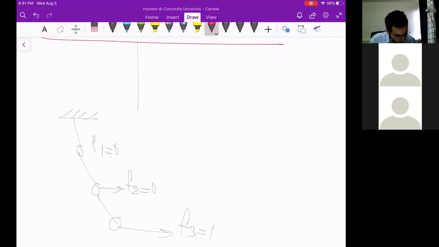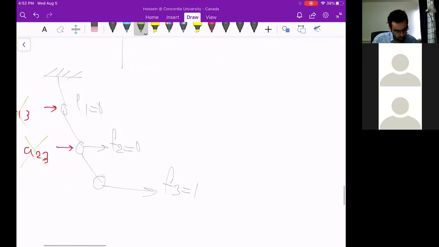I'm not interested in finding A13 or A23 because these are already filled out in the matrix. I'm only interested in finding A33.